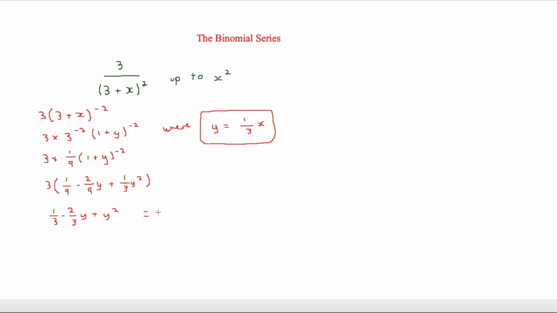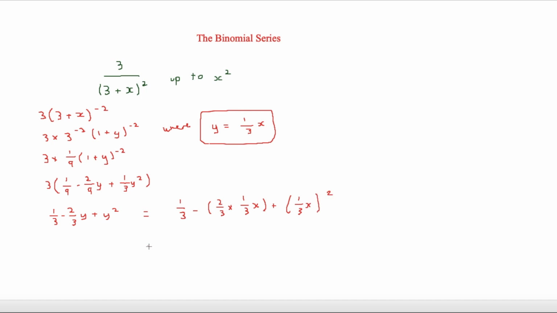So this is therefore equal to 1/3, that stays the same as there is no y there, minus 2/3 times by 1/3 x, and then that is going to be add 1/3 x, that's all squared.